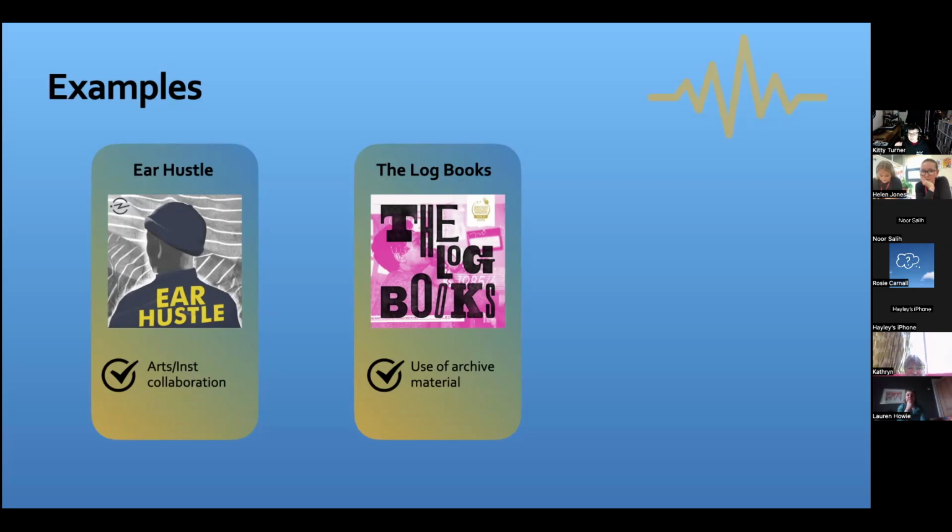This is an absolutely brilliant use of archive material. And it's also a really strong example of using different voices to voice quotes and quoted material. This was supported, I think it's finished now, by the National Heritage Lottery Fund.